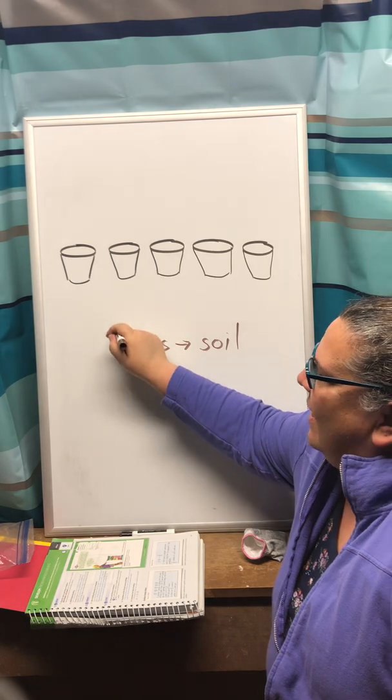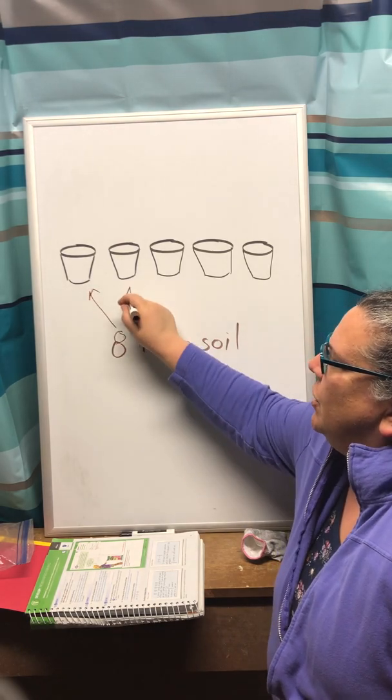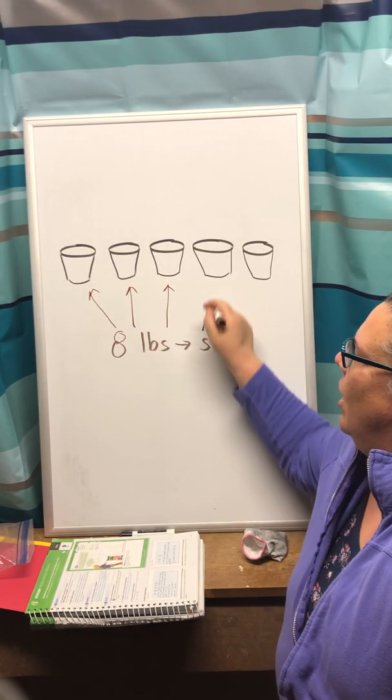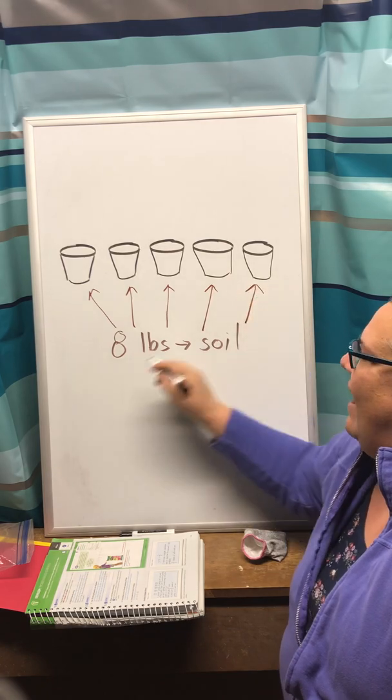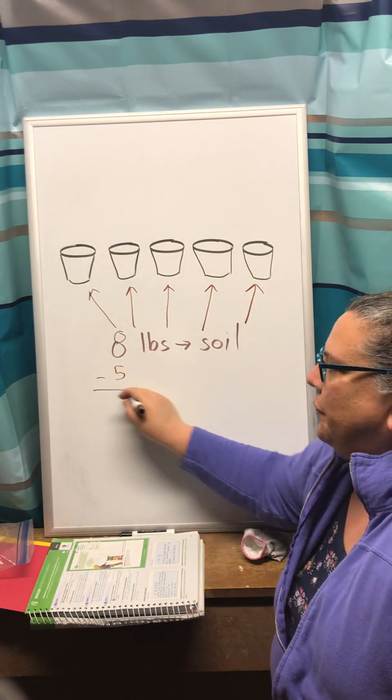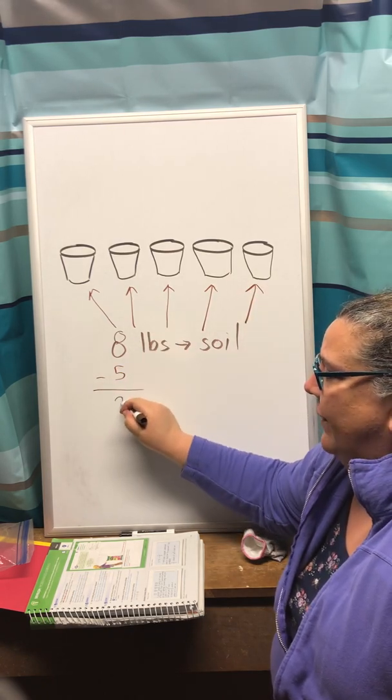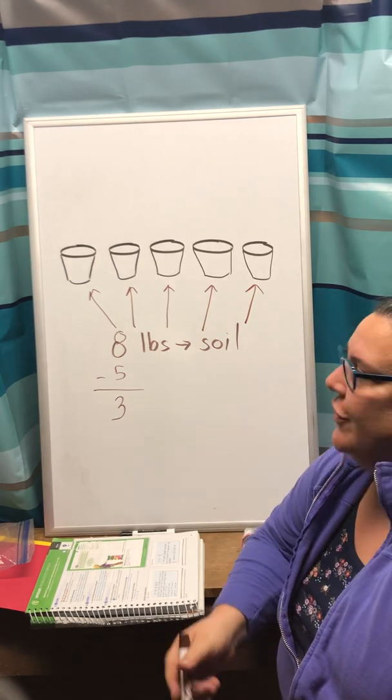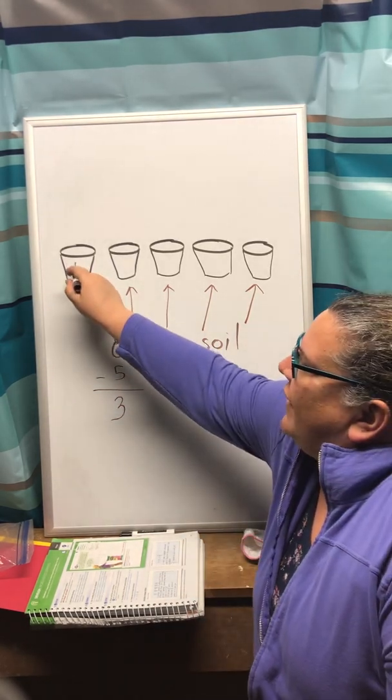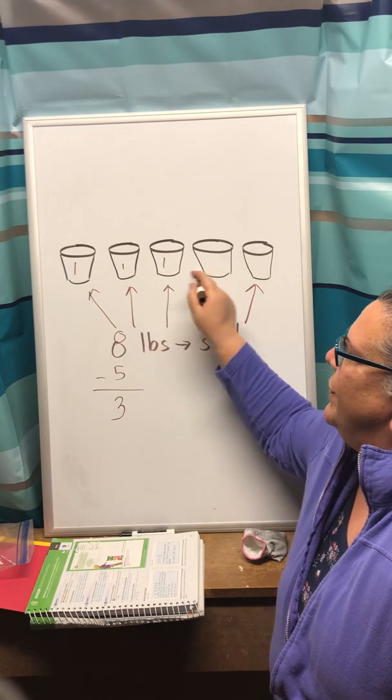So from that 8, I know I have 1, 2, 3, 4, 5 that I've already used. So I would say 8 minus 5 gives me 3 left. So far, each of these flower pots is getting 1 pound.